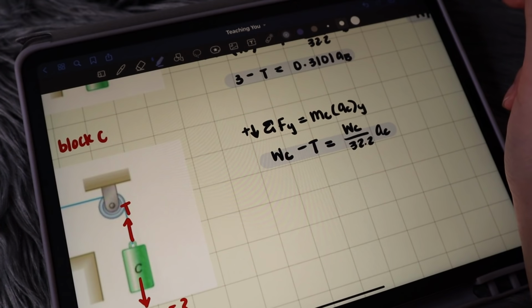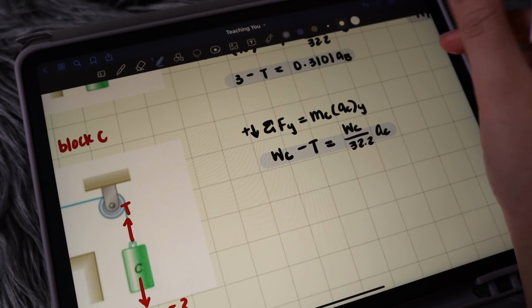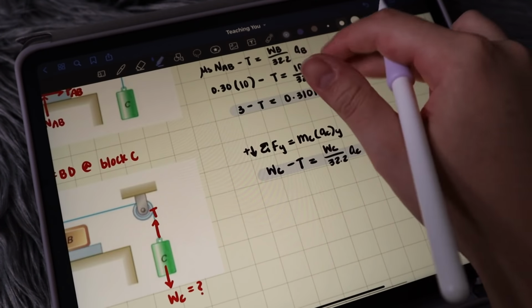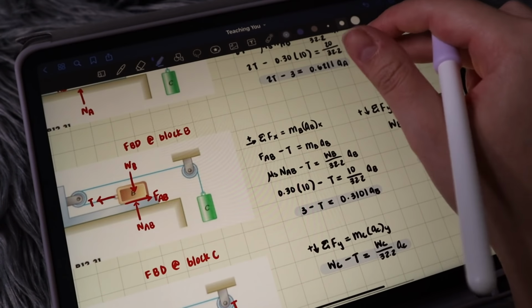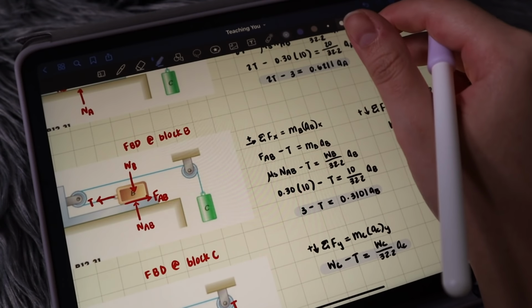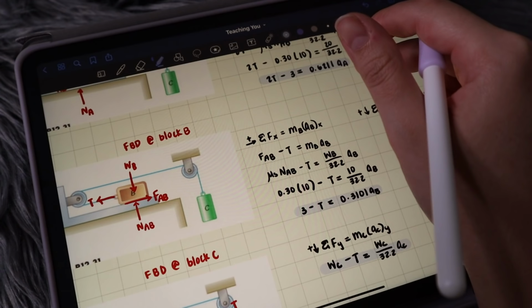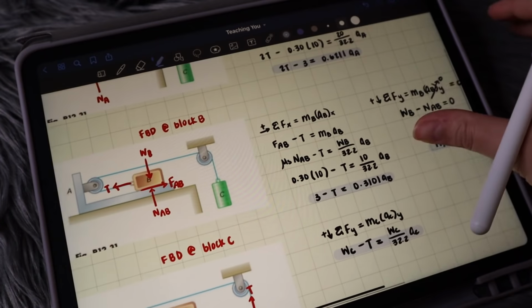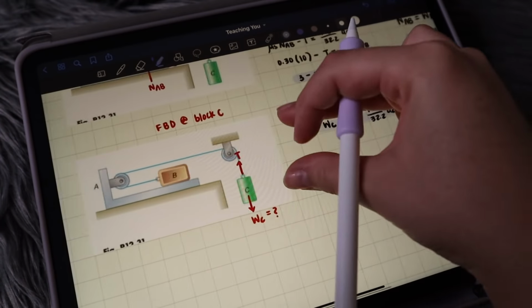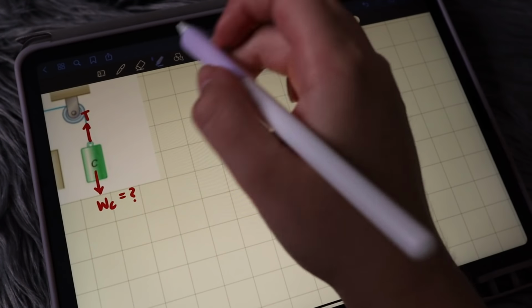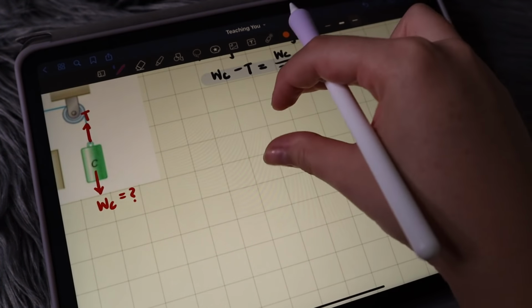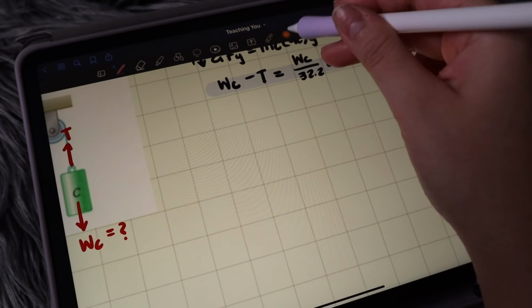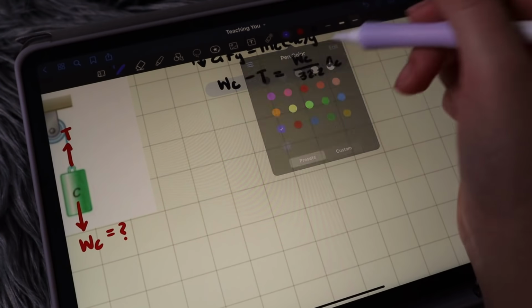So we do have quite a few unknowns here for now. So we need to think about what's going on. I'm going to just do blue.